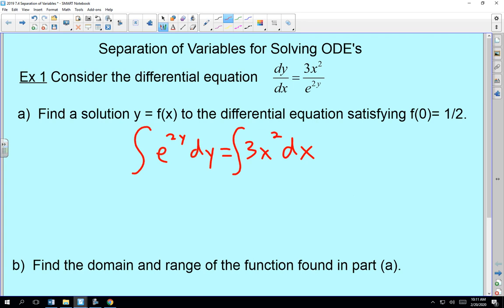So what is the integral of e to the 2y dy? You match it. This is the best one. You match it, but instead of multiplying by the derivative of the power, you divide by the derivative of the power when you're integrating. If you want to, you could use a u substitution. This is where u sub comes in.